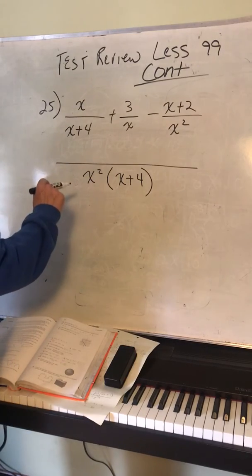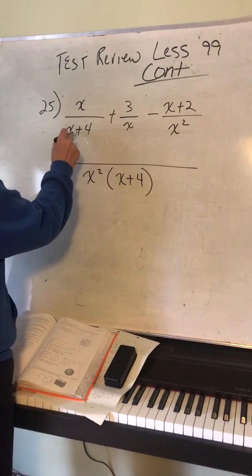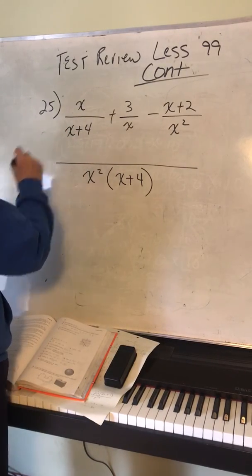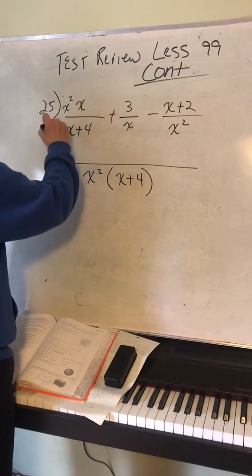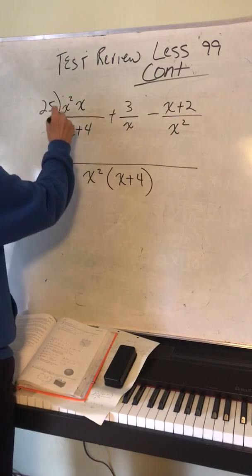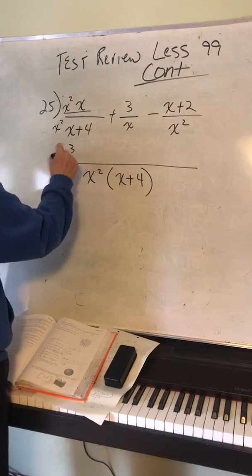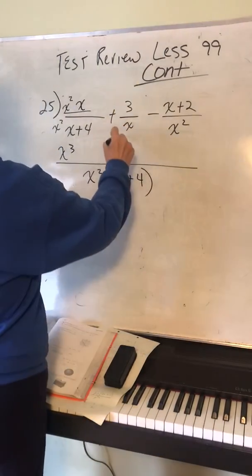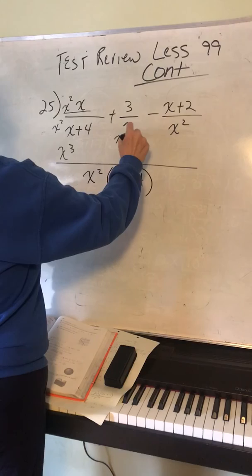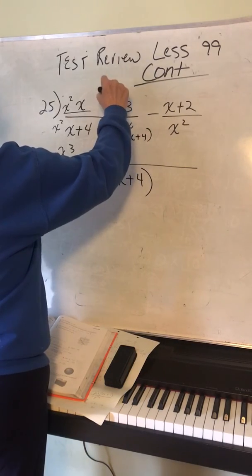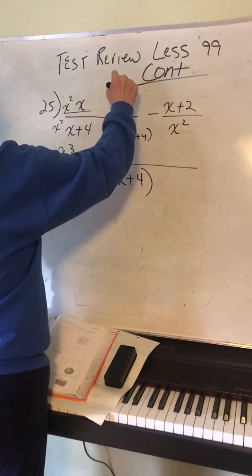So this one here needs the x squared on it, so we're going to multiply x squared here and x squared here, so this becomes x cubed. This one needs another x and x plus 4. We're going to do that to the top and bottom, x plus 4.